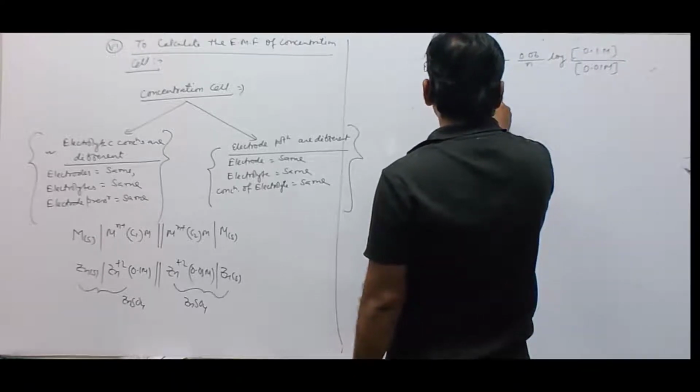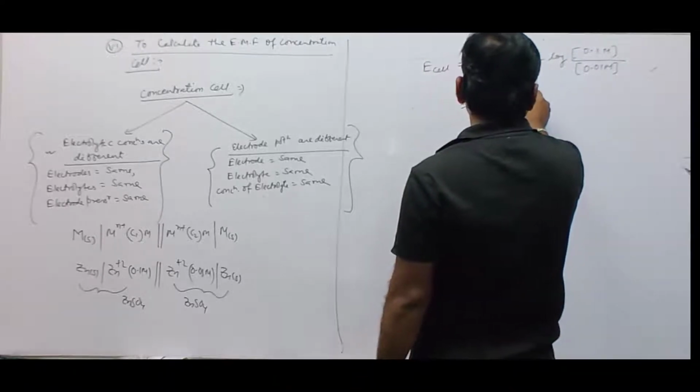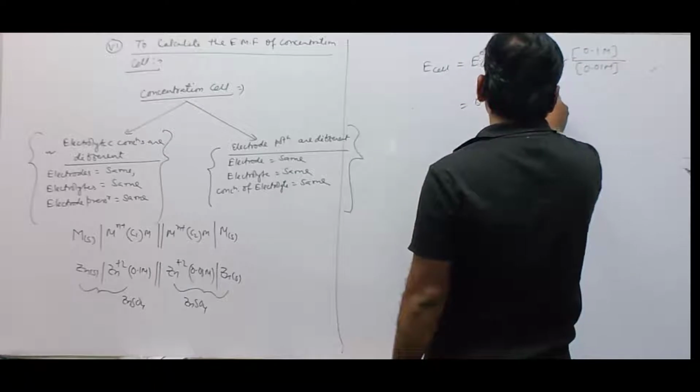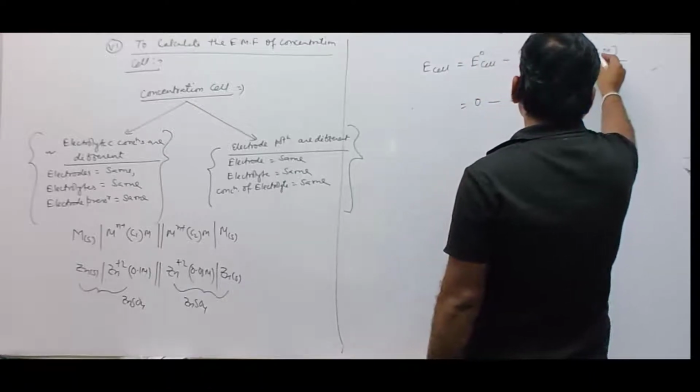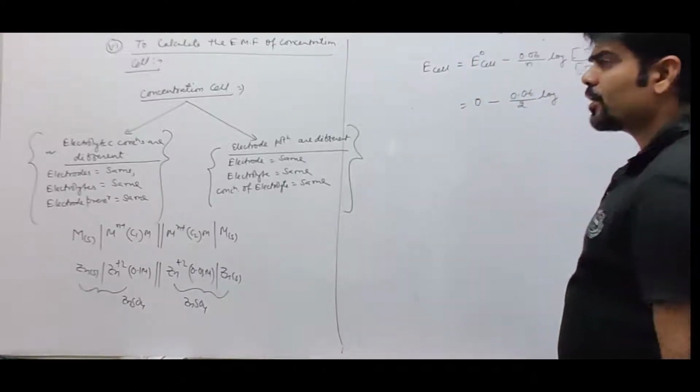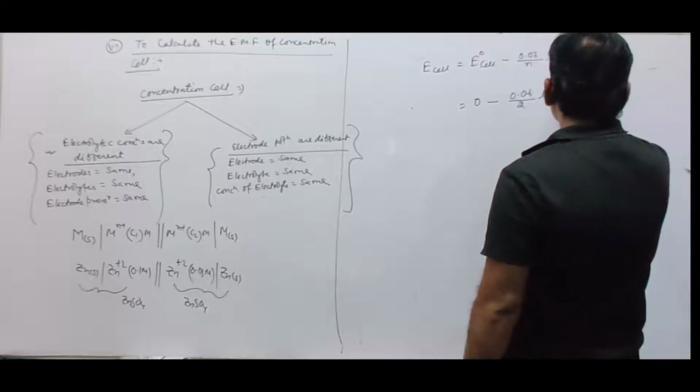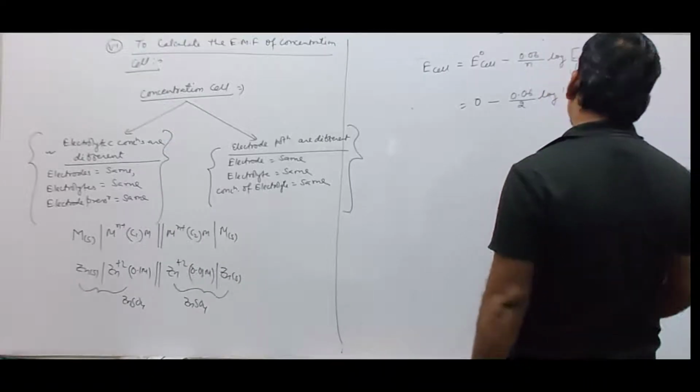So EMF of cell is equal to 0 minus 0.06 by 2 log base 10, 10 to the power minus 1 by 10 to the power minus 2, which is equal to 10 to the power 1 itself.